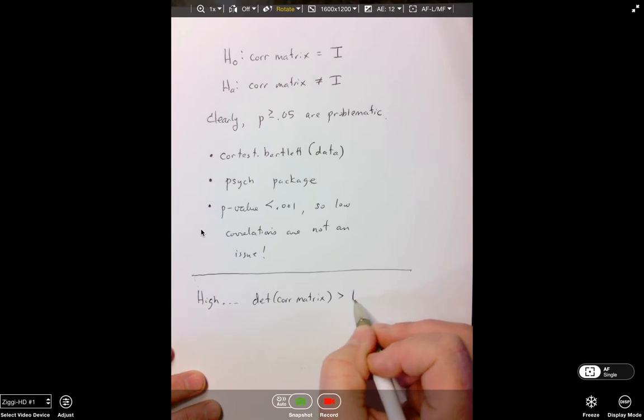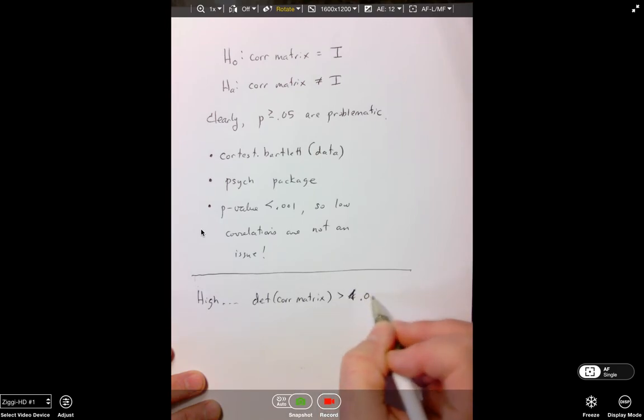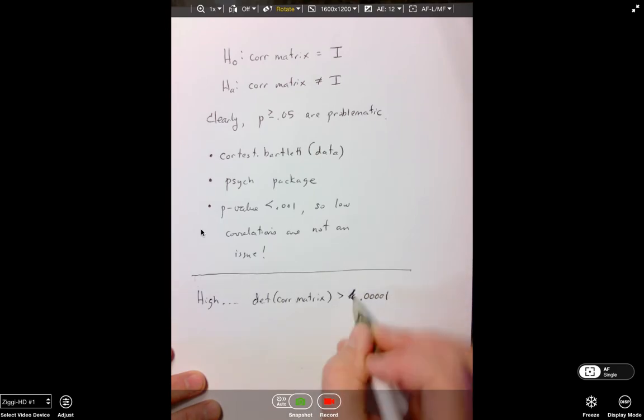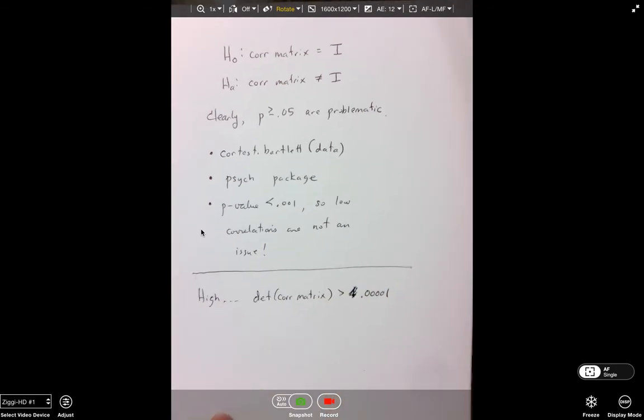The cutoff is 0.00001, four zeros. If the determinant of our correlation matrix is greater than 0.00001, then we have no problem with high correlations.